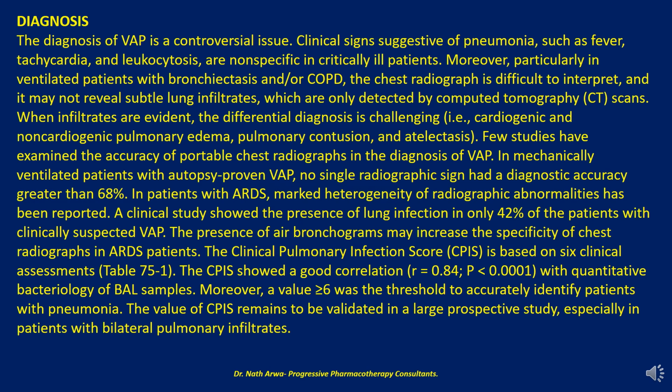Moreover, a value equal to or greater than 6 was the threshold to accurately identify patients with pneumonia. The value of clinical pulmonary infection score remains to be validated in a large prospective study, especially in patients with bilateral pulmonary infiltrates.